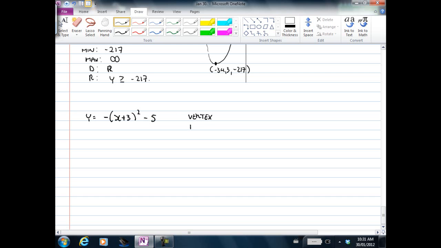Vertex, min, max, domain, and range. Okay. And sketch. Well, sketch should go first, but some of you can do this without the sketch because you're at that level now. Go for it. Again, if you need to sketch it out, don't be afraid.